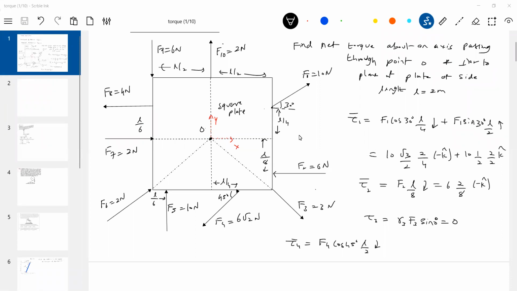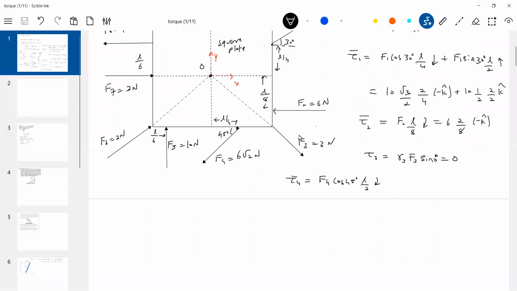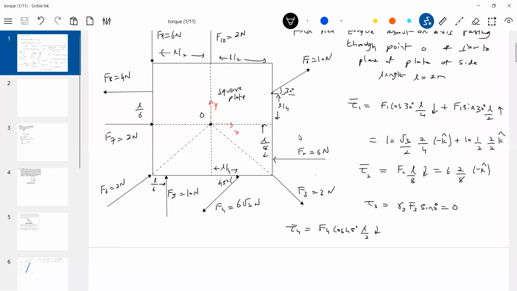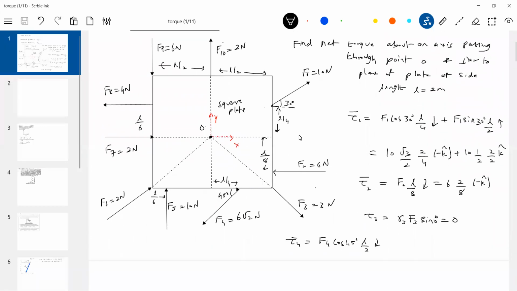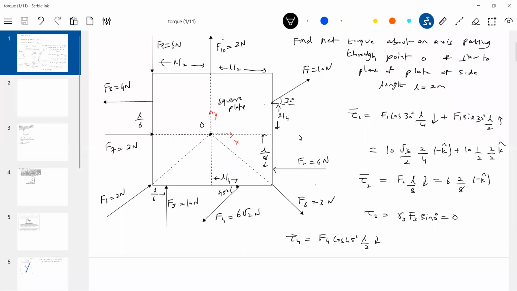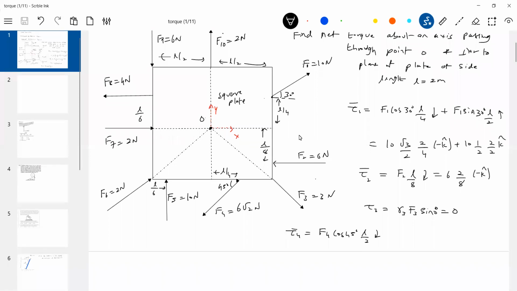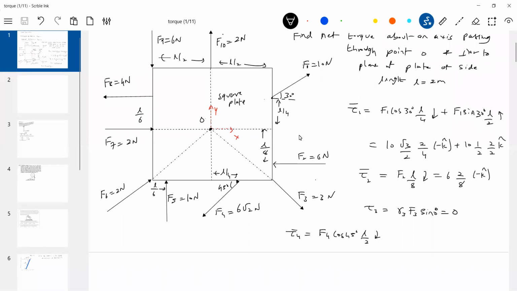Please try to check it. R bar, F bar, it will be clockwise, no? The force F2 will try to rotate. Take a notebook and try to push here. It will try to rotate clockwise. Next, the torque due to the other forces.